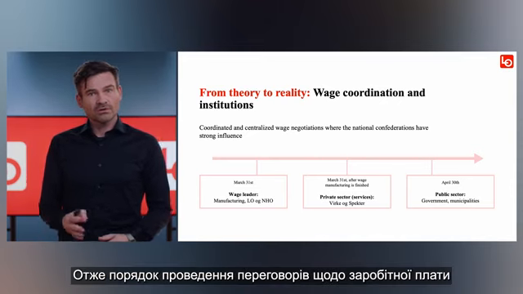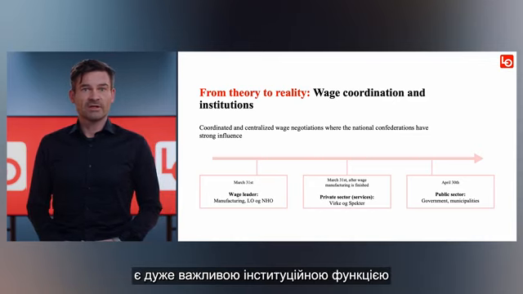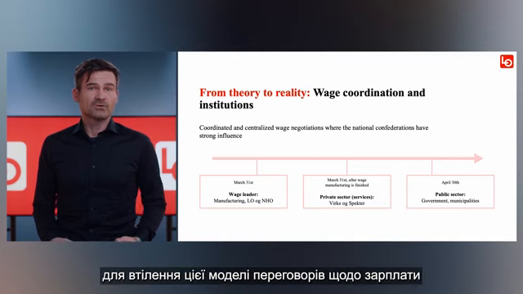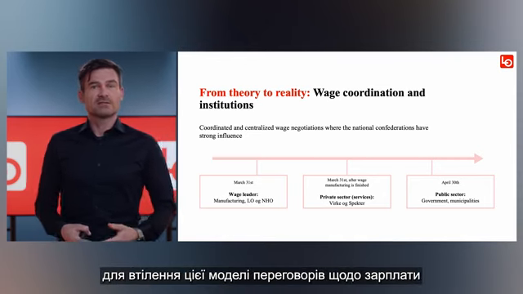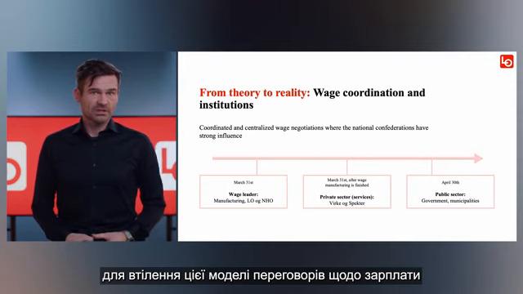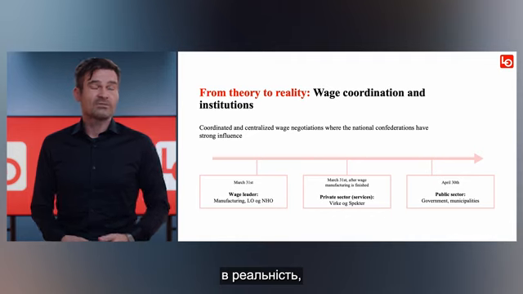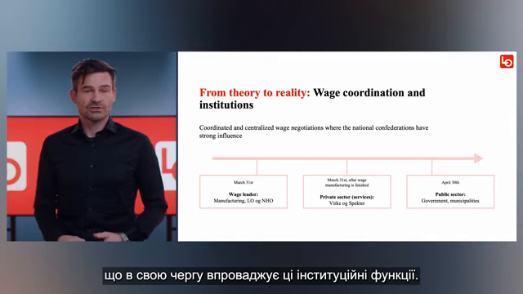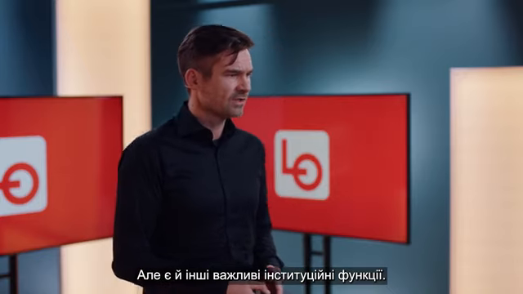So the order of the wage negotiations is a very important institutional feature for managing to establish this model for wage negotiations, from a theoretical into a practical model for implementing these institutional features. But there are other important institutional features as well.